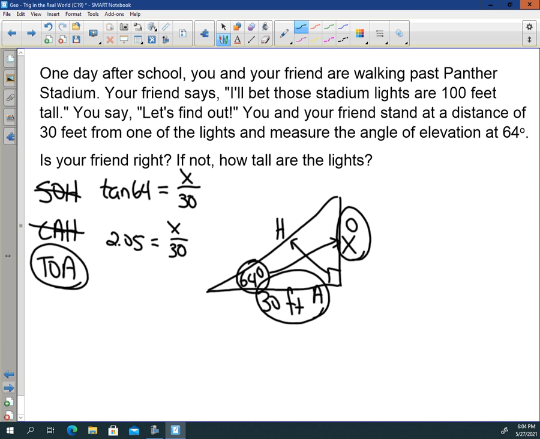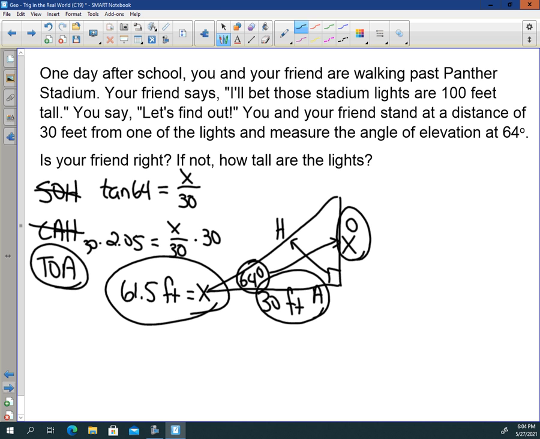And then to clear out that 30, we're going to multiply by 30 on both sides. 30 times 2.05 is 61.5 feet equals x. Done.